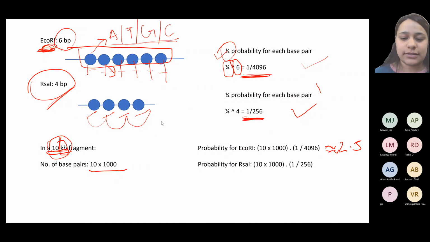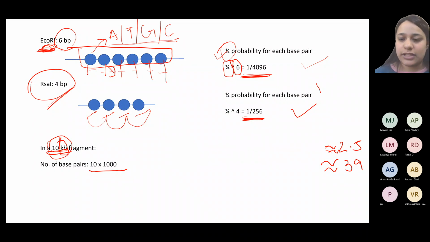We will see which answer is the closest to this. And the second one is 10,000 divided by 256. It is going to be around 39.